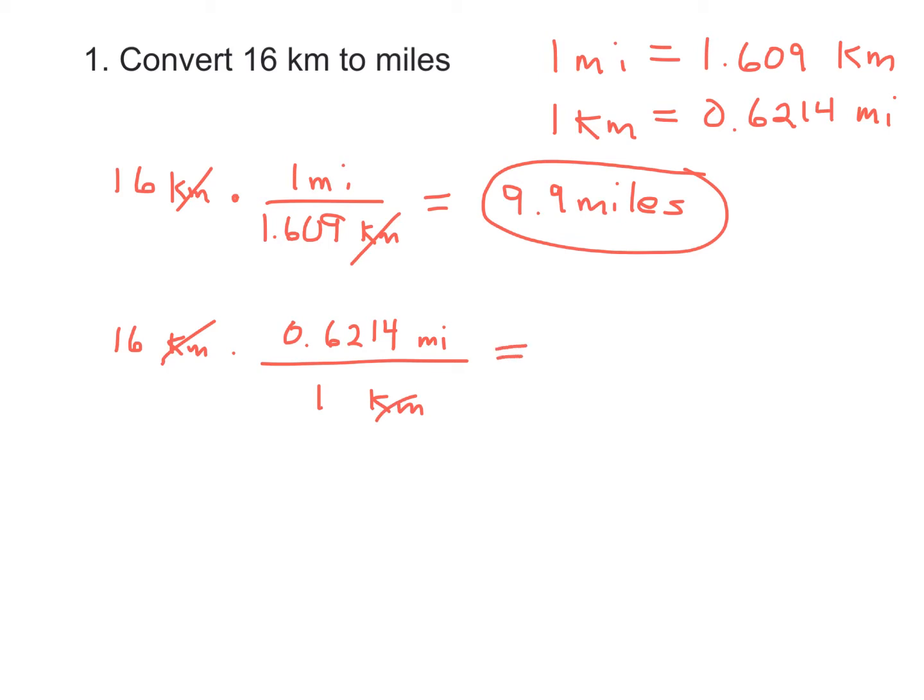If you do the math there, once again, if you go to 4 or 5 sig figs, you get a slightly different answer than the other one. But if you round off to 2 sig figs, using the 16, you still get 9.9 miles, because we're only good to 2 sig figs here, given our data has 2 sig figs. Same answer either way, you can check that out. So that's a one-step conversion with the known conversion factors or given conversion factors that you will have on the next test. Let's do another example.